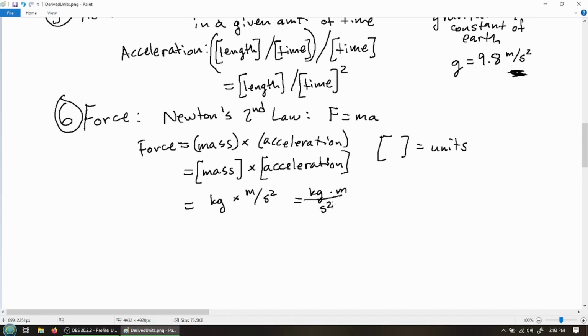This is going to be our units of force, where we have mass times length divided by time squared. We write time with the squared outside of it, because it's the unit of time squared rather than the unit of parentheses time squared. If that makes any sense. If it doesn't, don't worry about it.